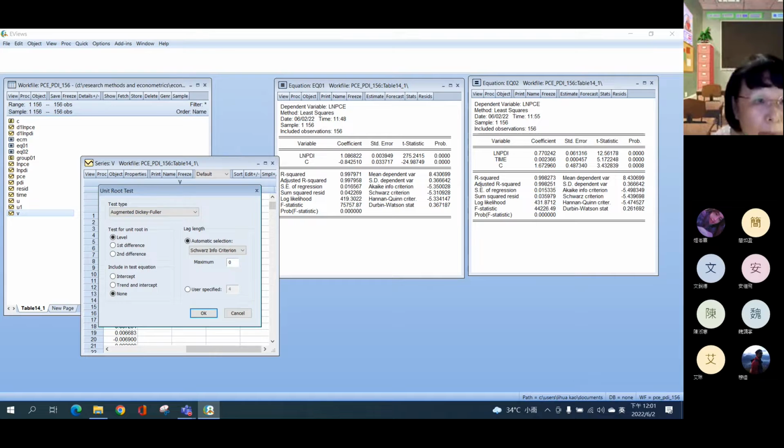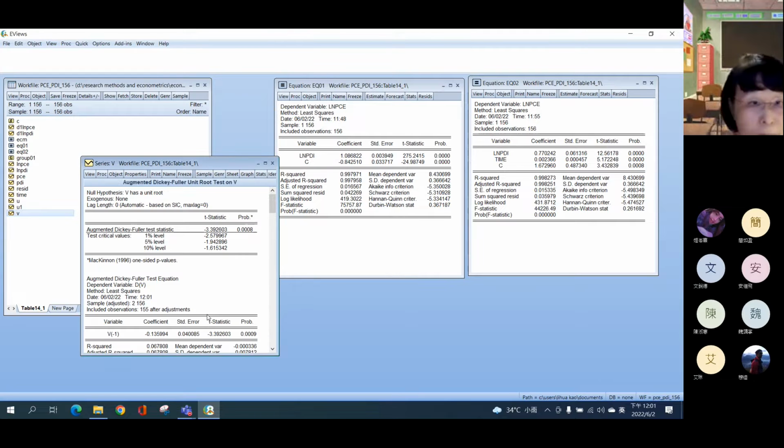I'm just trying by trial and error. Let's see the Dickey-Fuller test from lag 0 with the first version. So what did you see?